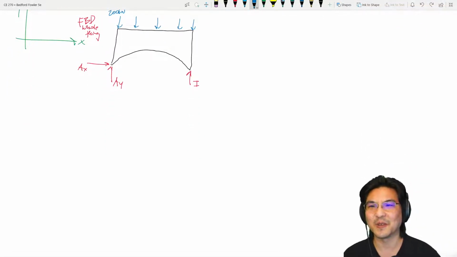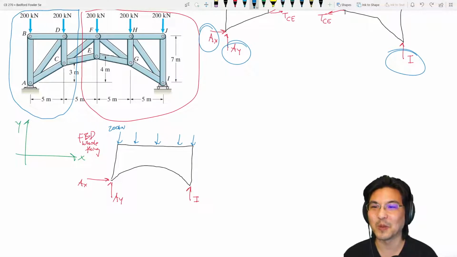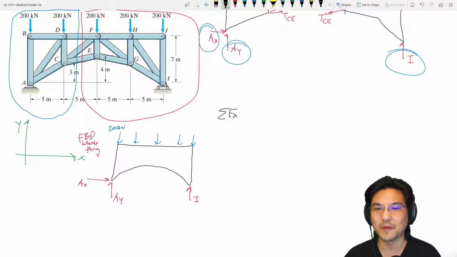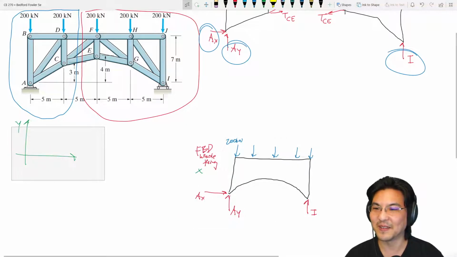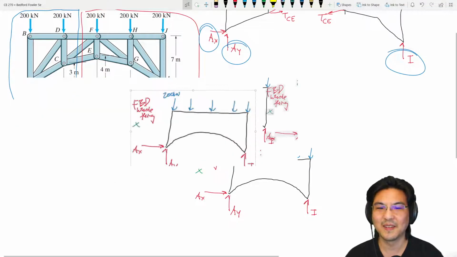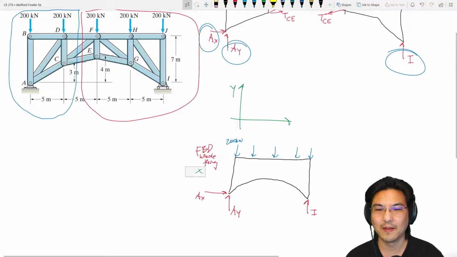Okay, so for this whole thing, actually I need the numbers. Okay, so I will write over here. Okay, some forces, actually, hold on. I'm going to move this over so then I can write over here.